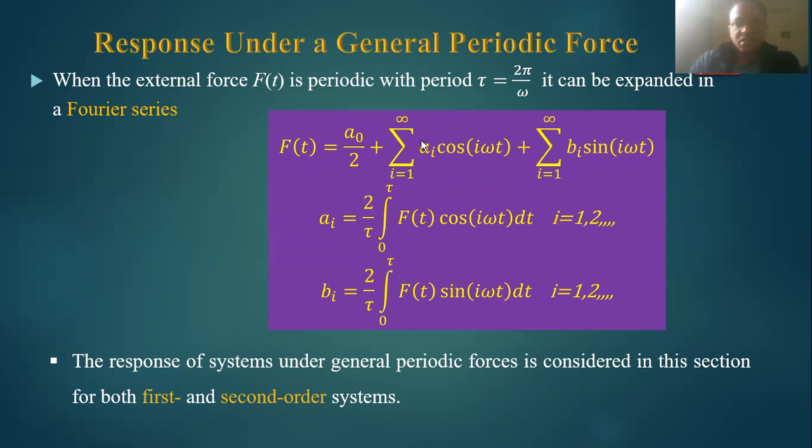Then a naught, ai, bi are the Fourier coefficients.